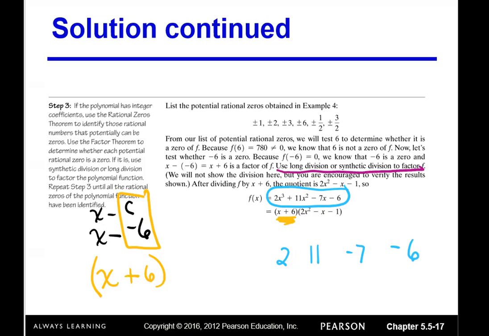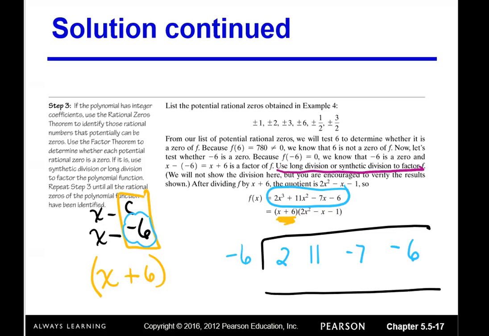And then what you're going to do is take this little division bar and divide it by the -6 here. That was our factor. Our c is a -6. And this is a little weird, but the first step is always bringing down that first 2.